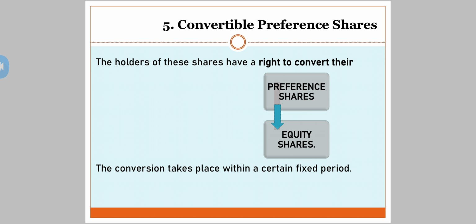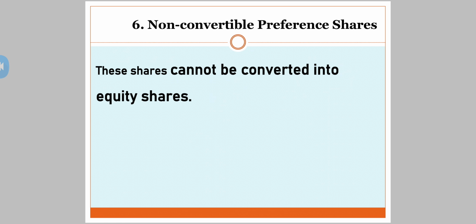The company will mention the time after which these shares are going to be converted. Let's say the company says these shares will be converted into equity shares after 5 years. So can I say these are convertible preference shares which are going to be converted into equity shares after 5 years by the company.